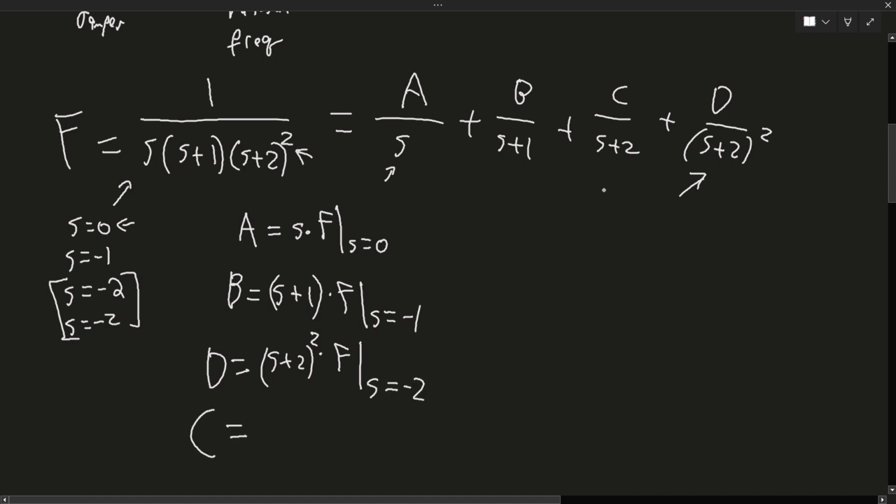Lastly, to find the last partial fraction constant, C, you take the denominator when it's not squared, and then you do the derivative with respect to s of the exact same thing, evaluated at s equals -2. If you're allowed to have a cheat sheet, I highly recommend you just copy this example, because it's going to save you a lot of time.